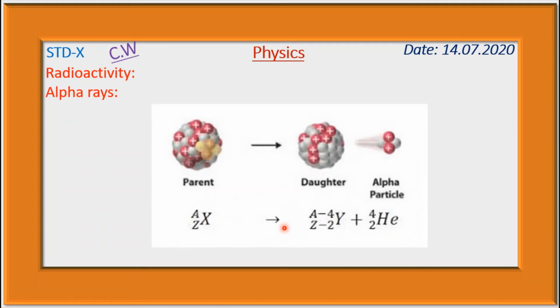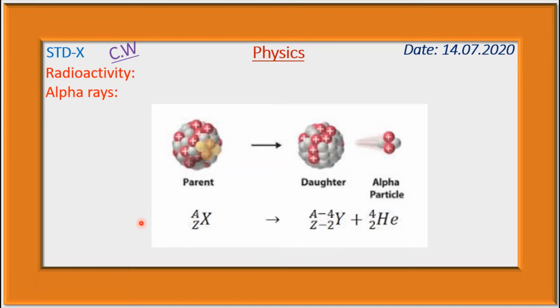Alpha rays. Here the parent nucleus is A, Z, X, where Z is the proton number and A is the mass number. If this nucleus emits an alpha particle, we know the alpha particle consists of 2 protons and 2 neutrons.